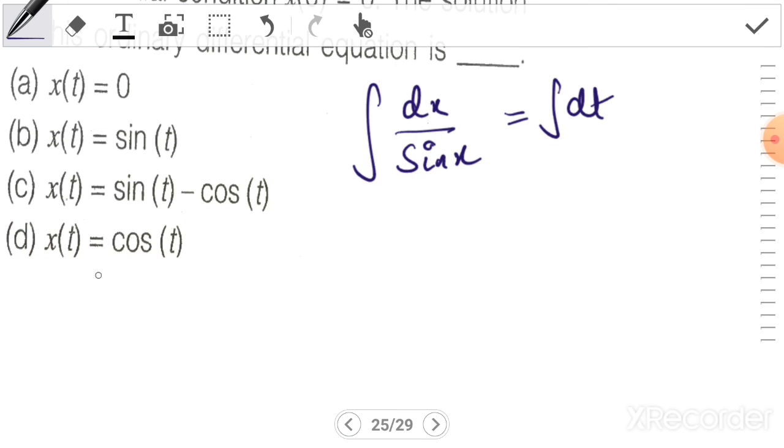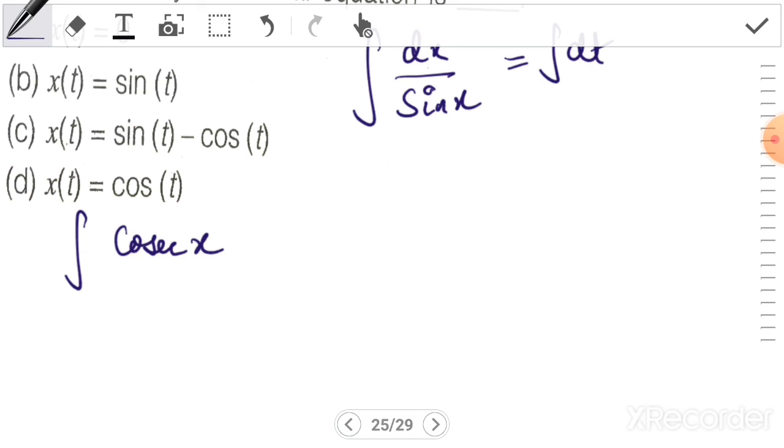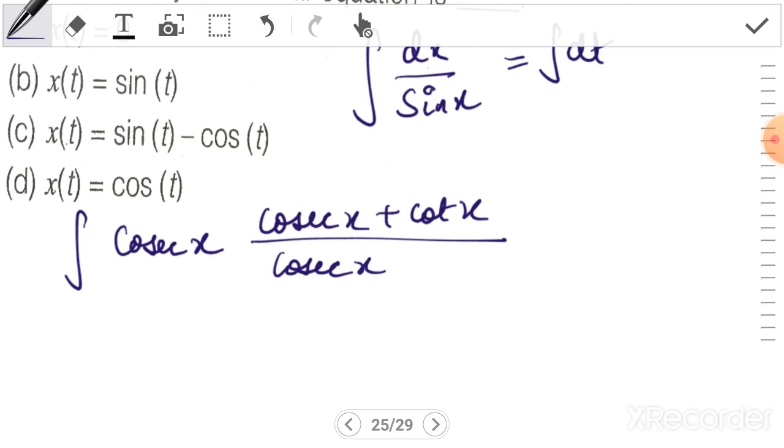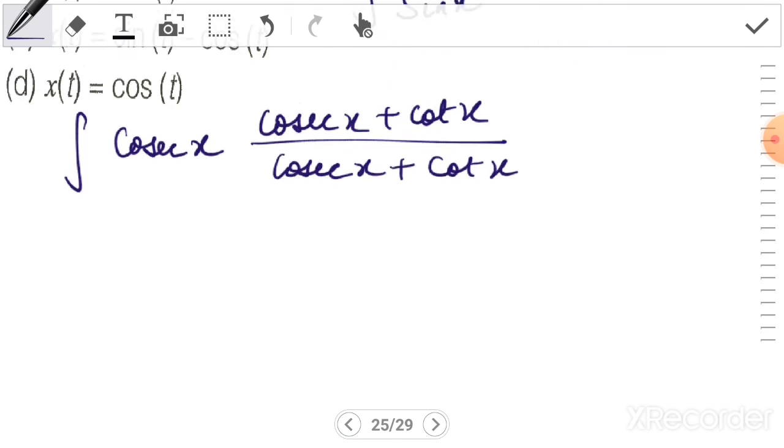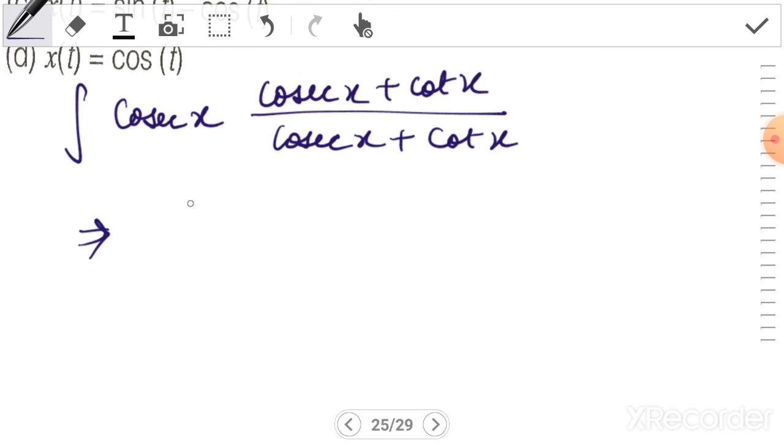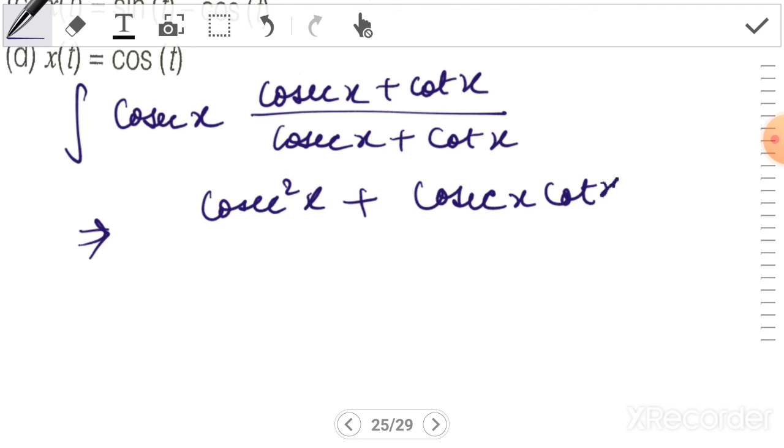Now we can write this as integral 1 by sin x as integral cosec x. Now multiply and divide by cosec x plus cot x, cosec x plus cot x, right, which is equal to cosec square x plus cosec x cot x whole divided by cosec x plus cot x.